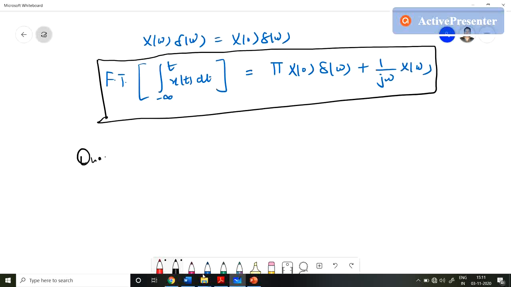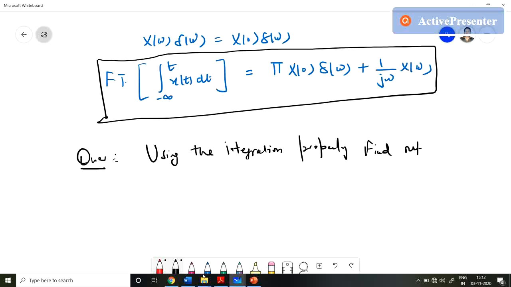So let us do another problem: by using the integration property, find out the Fourier transform of u(t).